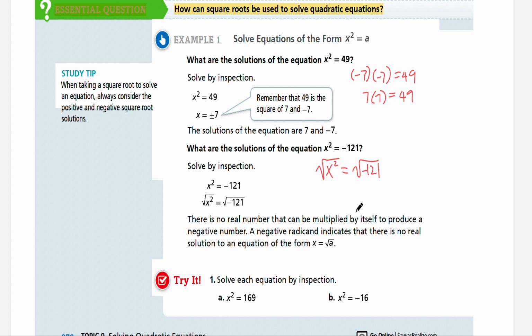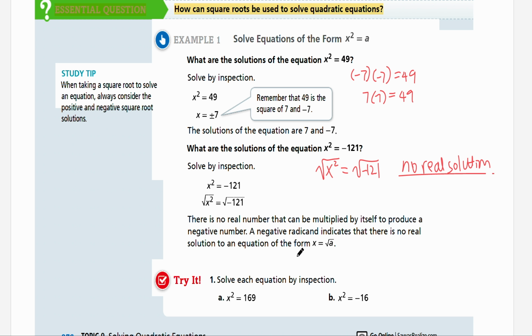There is a way to represent this and solve it, but we're not going to talk about imaginary numbers right now. So you can just say there's no real number that could be multiplied by itself to get a negative number. That's just not possible. It's just not logical in our mathematical sense. So this is no real solution.